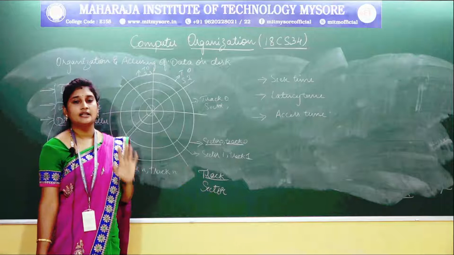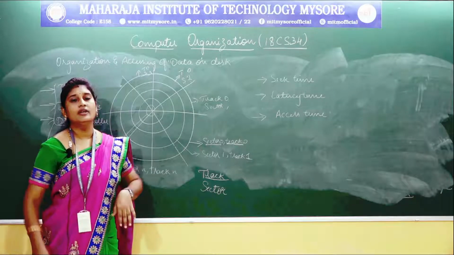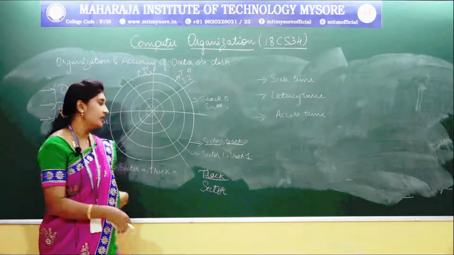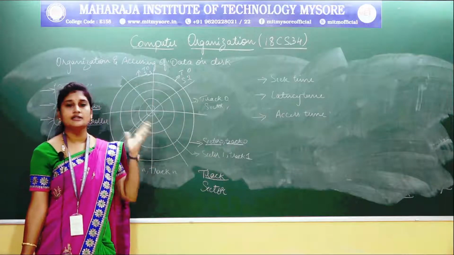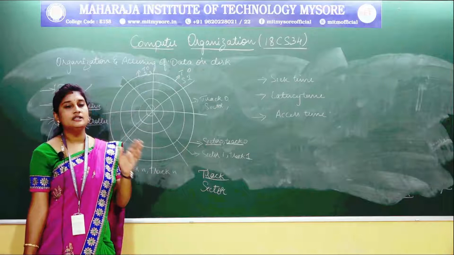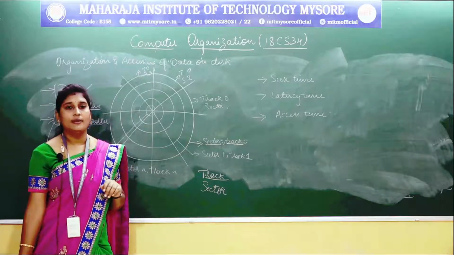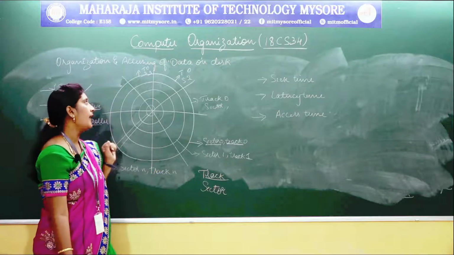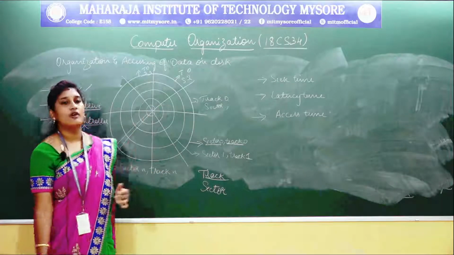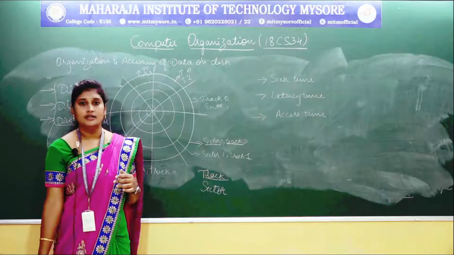For each track and each sector you give unique numbers, 0, 1, 2, 3 and so on, so that you can address each and every track and sector of your magnetic disk. This is how accessing and organization of data is done on your disks.